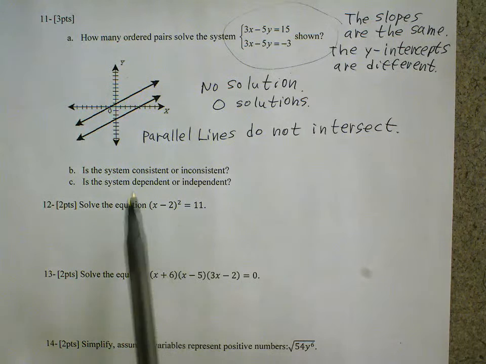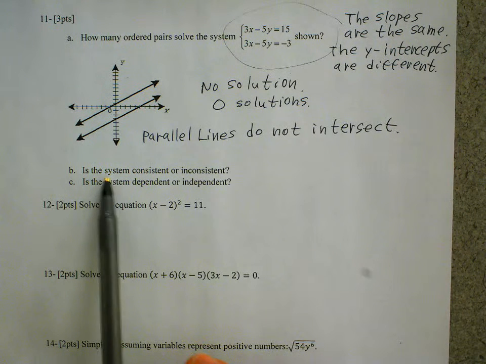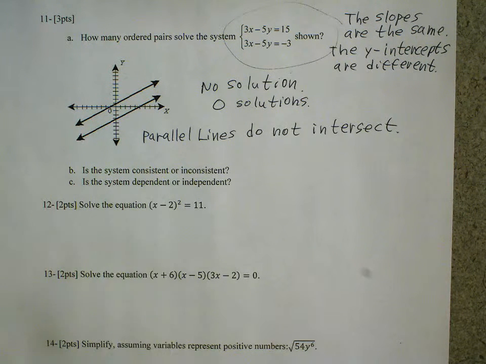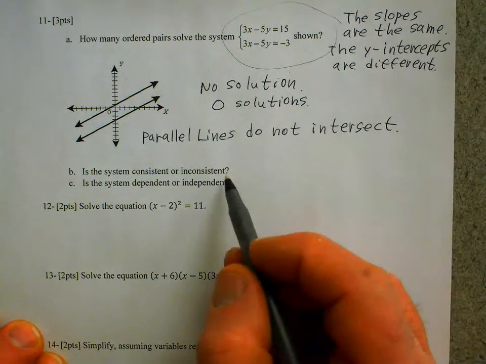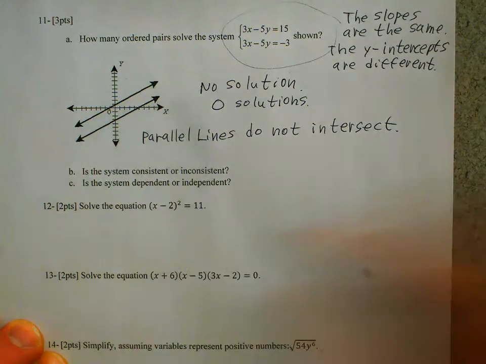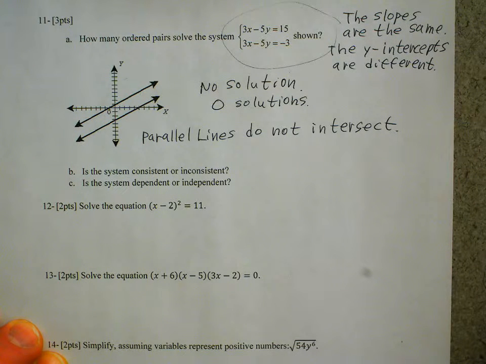Okay, then another question, is the system consistent or inconsistent? Well, it's inconsistent because if you try to solve the equation, you'll end up with nonsense.